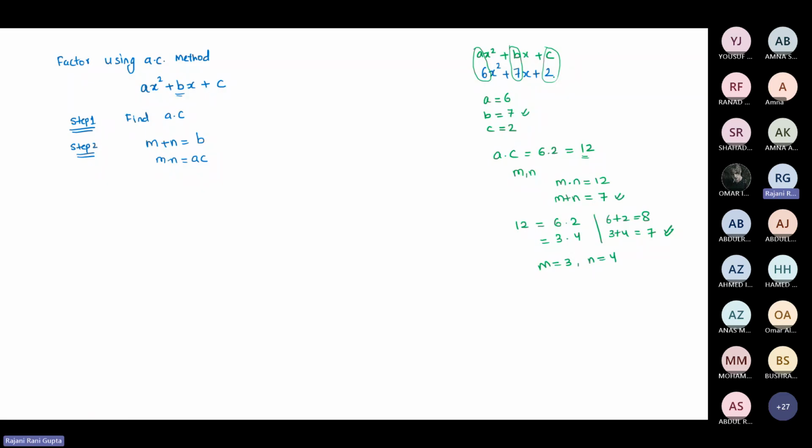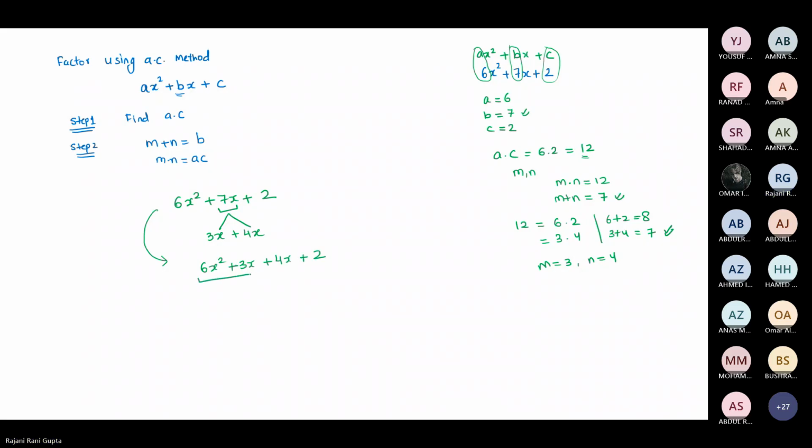So what you are going to do here is, see, this is a bit longer method. 6x squared plus 7x plus 2. So you got 7 as 3 and 4. So you will write 7x as 3x plus 4x. Okay, so you get this question revised as 6x square plus 3x plus 4x plus 2.